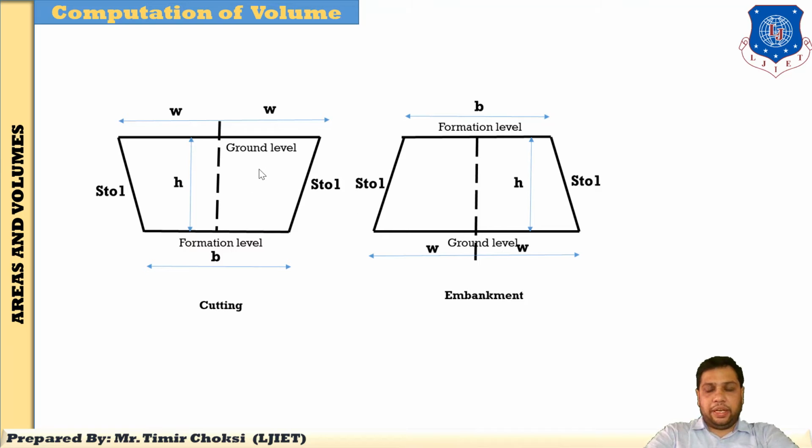There are two possibilities. First, note this point, students: work always starts at the formation level in any type of construction. When the formation level is below the ground level, this portion is called a cutting. When the formation level is above the ground level, this condition is called an embankment.